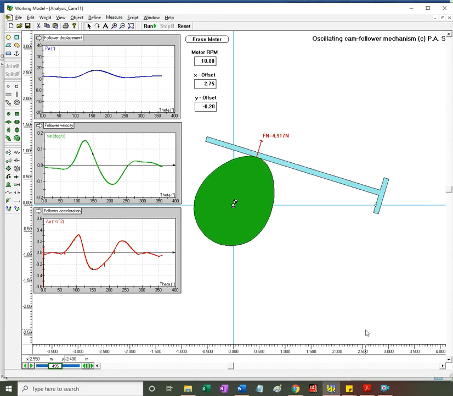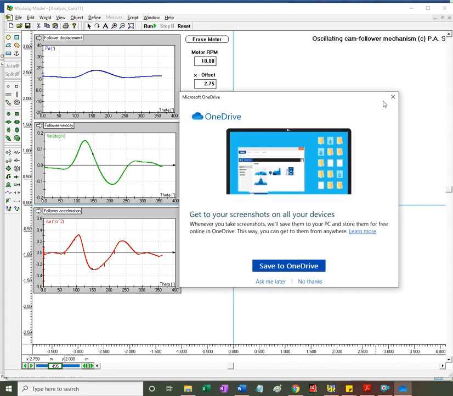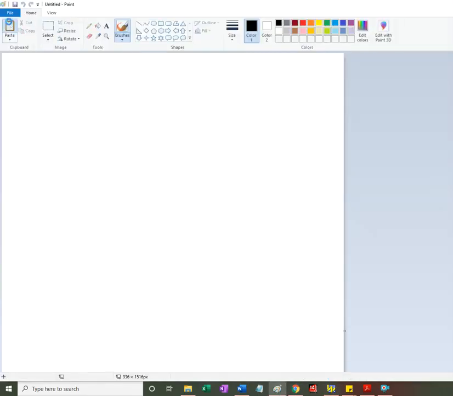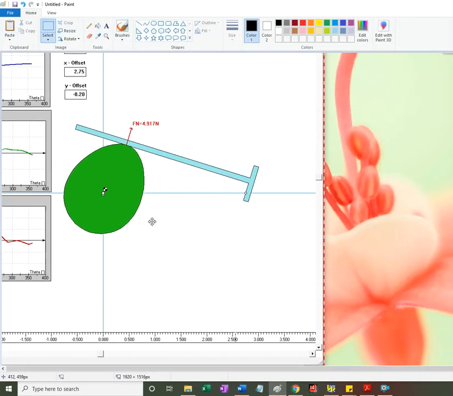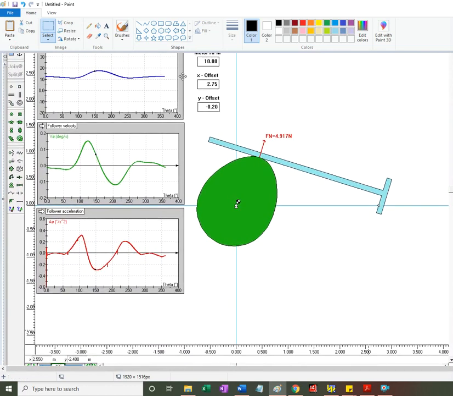Now, an important parameter in cam analysis and in the design of cam mechanisms is the pressure angle. So I'm going to take this into Paint, and we're going to look at what the pressure angle is for this mechanism.